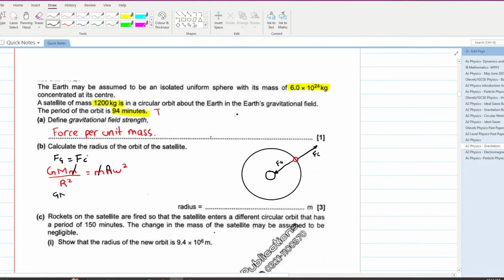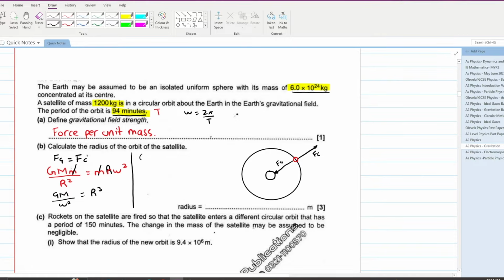Capital G, capital M divided by w square is equal to R cube. Now you will say, sir, I have capital G, I have capital M, that is the mass of earth, but I don't have W. Focus closely, you have W as well. What can W be written as? 2 pi divided by T. Do you have the time period? Yes.